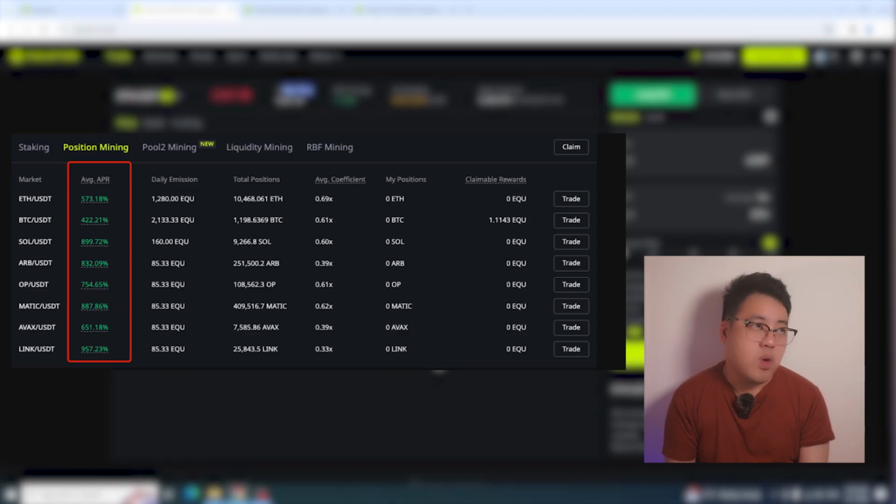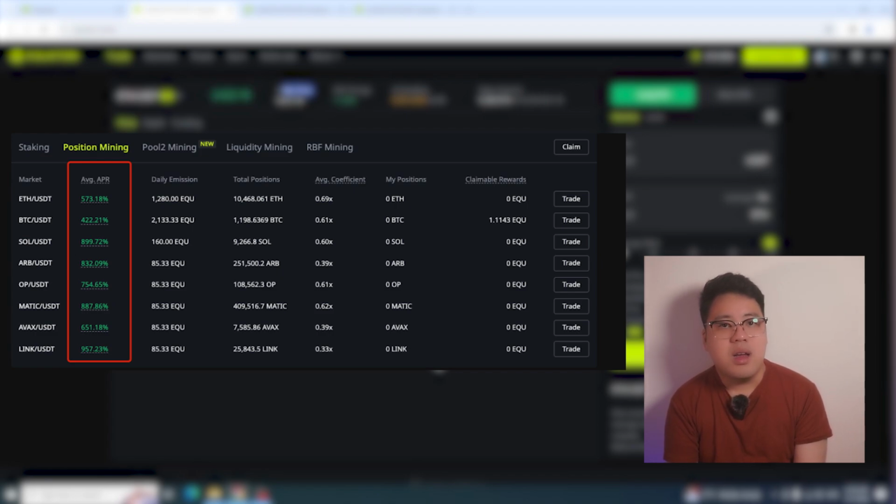Don't forget you can also earn Equation tokens by holding a position, and the APR this way can exceed 400%.